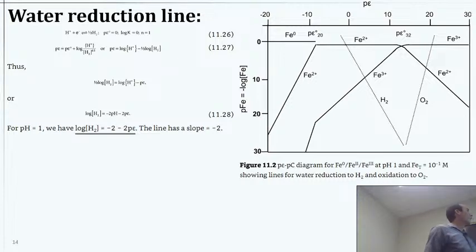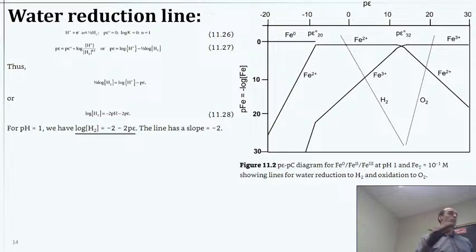So for a given pH, and we have to kind of decide on one in this case for this type of diagram. So at pH 1, we then have minus 2. So this log of H2 is equal to minus 2 minus 2 PE. So a minus 2 slope here, but we had to decide on a particular pH to run this at.